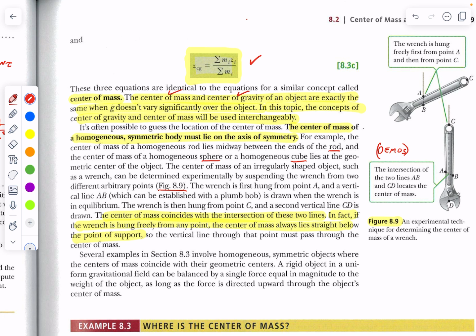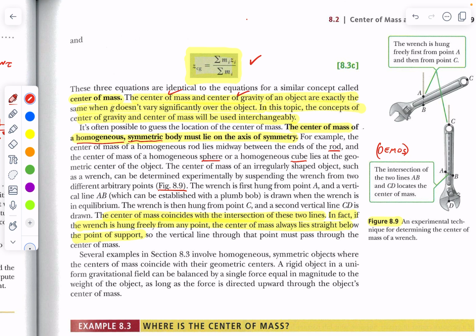Another thing about these center of mass problems: we need to know whether or not the material that we're trying to find the center of mass of is homogeneous and symmetrical, like left side equals right side, front equals back, top equals bottom, or not, because that can change the math a little bit.